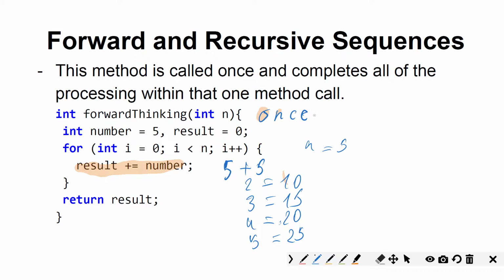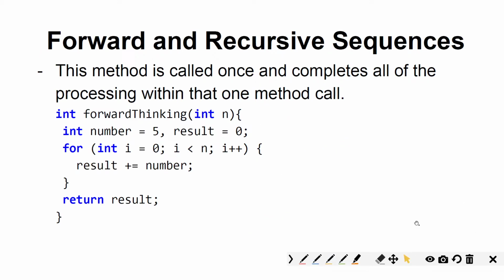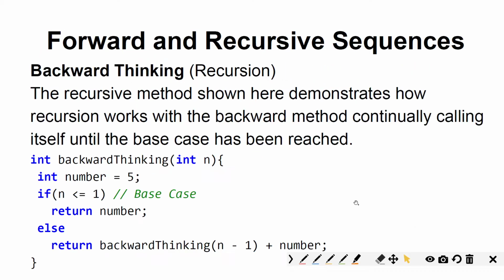When you have recursion, we see a different approach. Here I will move to the next slide. If you have backward thinking, the recursive method shown demonstrates how recursion works with backward thinking, continually calling itself until the base case is reached. Okay, now I would like to introduce how it works. You have the function.